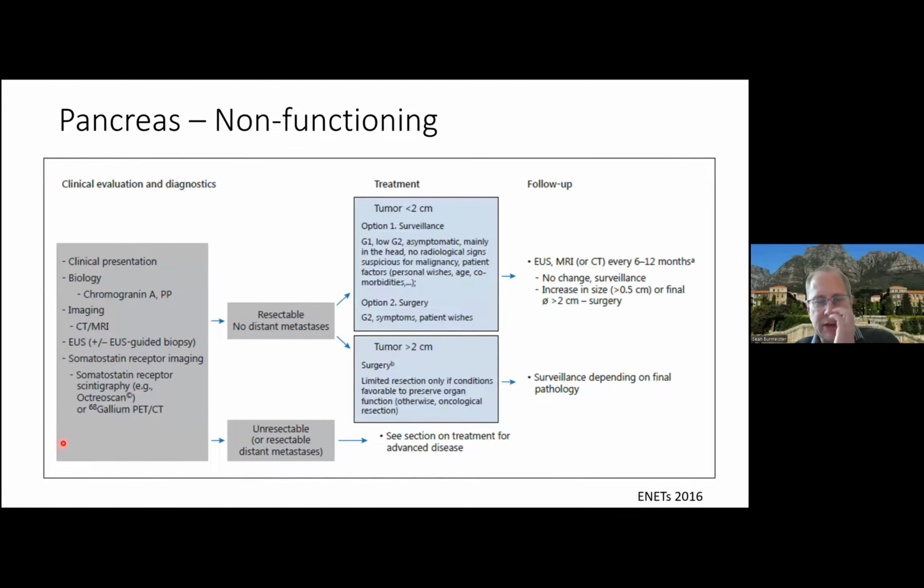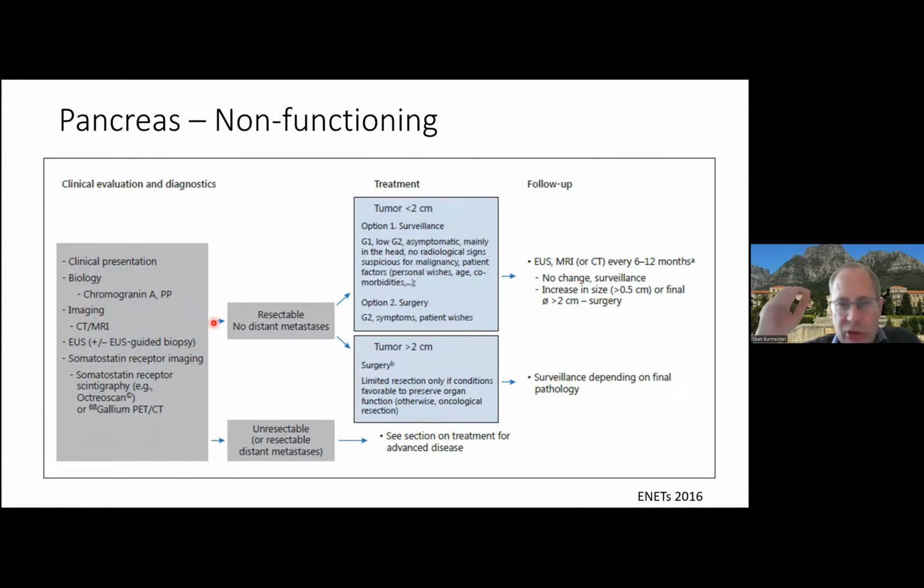Okay, if we turn our attention to the non-functional tumors, again, you need to take into consideration clinical presentation. Obviously, these patients usually will be asymptomatic, and the lesion is picked up on imaging, usually cross-sectional imaging, as an incidental finding.